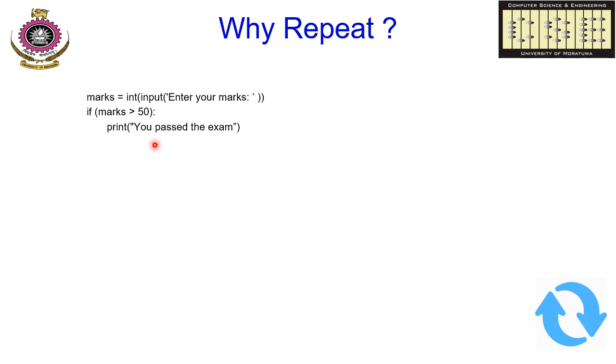Depending on the input, we make a decision. If the marks are greater than 50, we can inform the user that okay, you passed the exam. So this is one single scenario, but how about if we need to repeat this for multiple students? Let's say we have 5 students.